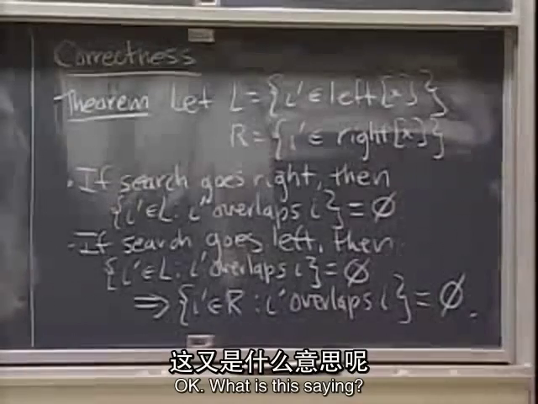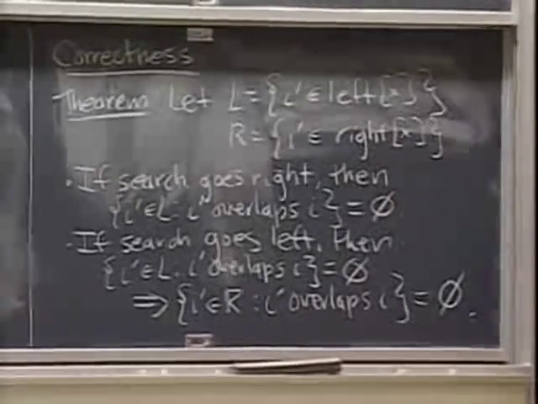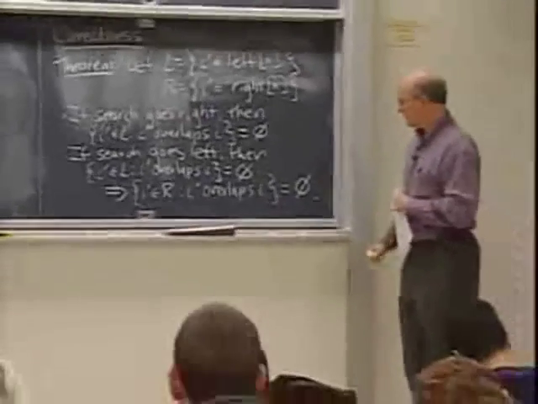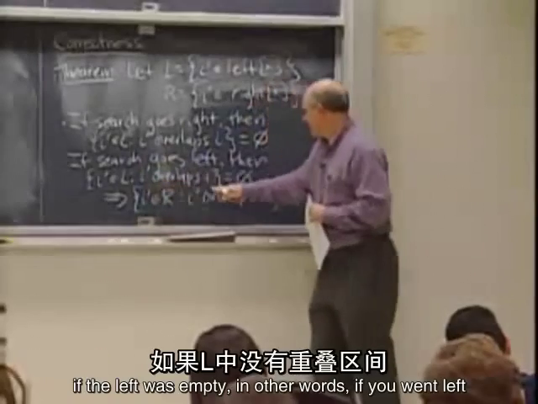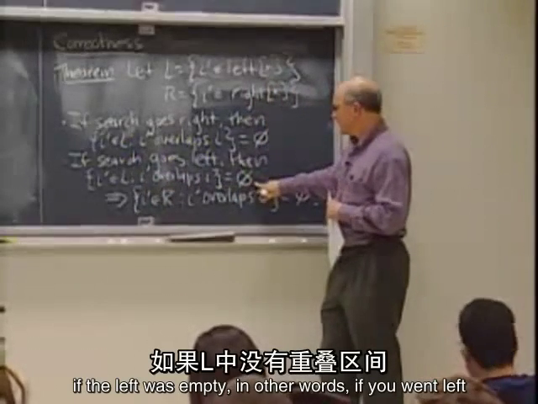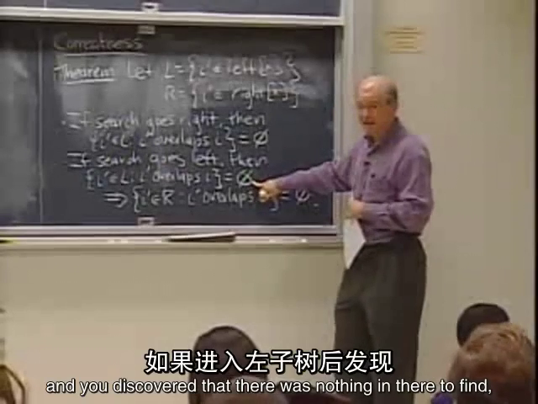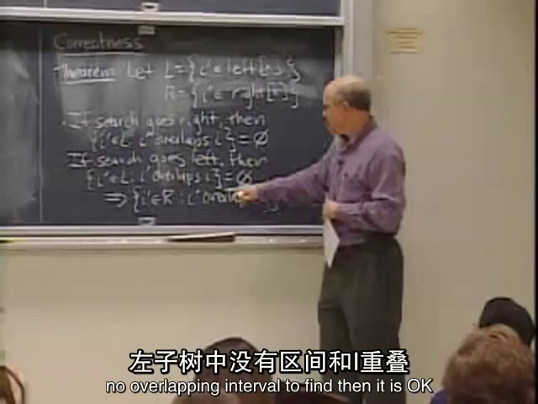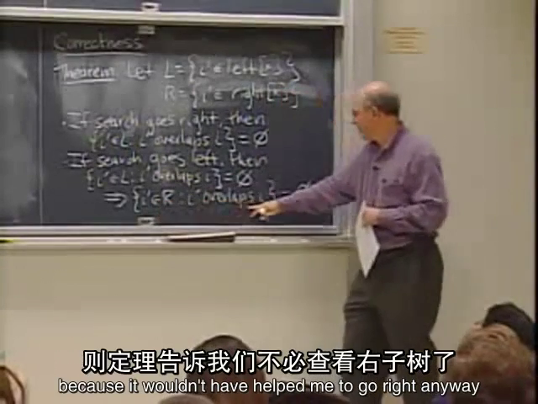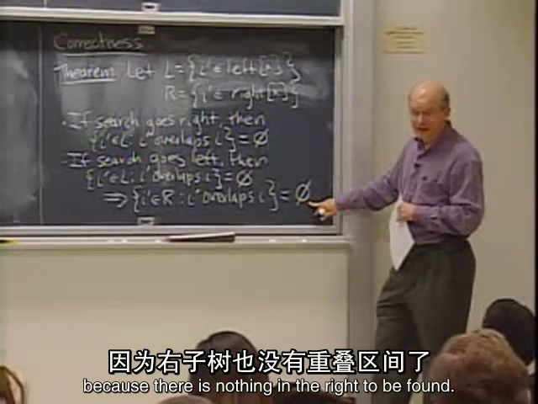So what is this saying? If the search goes left, then if the left was empty, in other words, if you went left and you discovered that there was nothing in there to find, no overlapping interval to find, then it's okay because it wouldn't have helped me to go right anyway, because there's nothing in the right to be found.